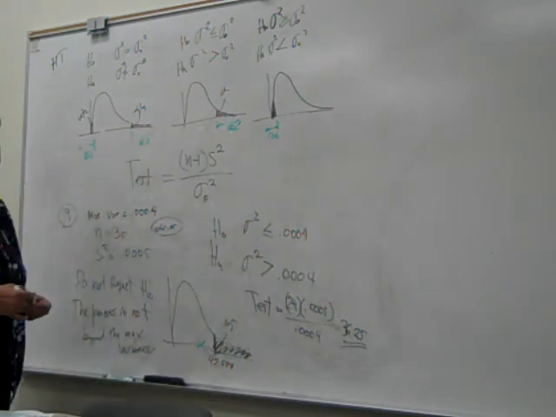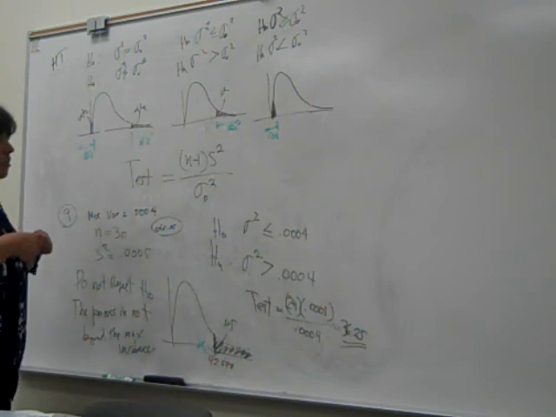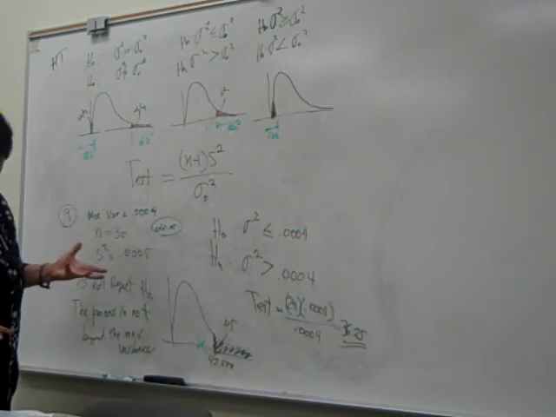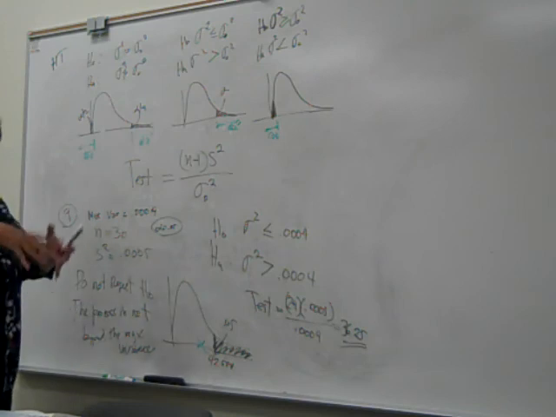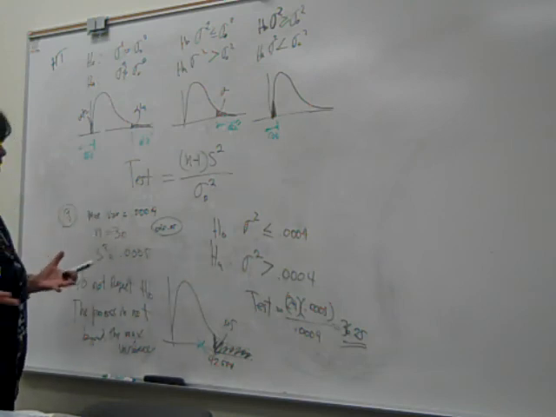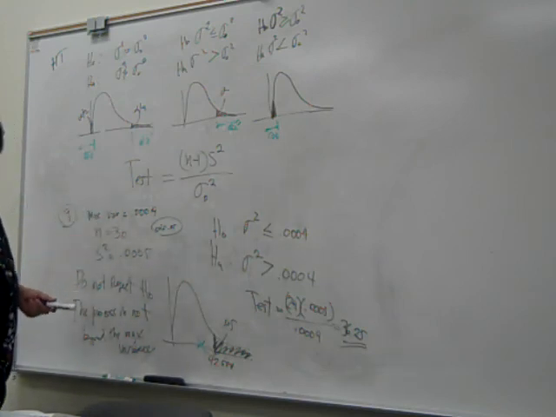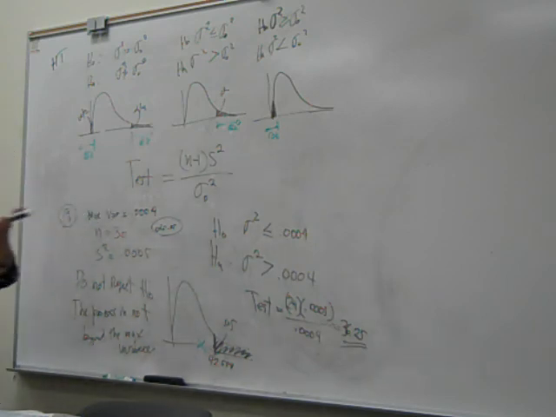Okay? So the process is still under control. Okay? And that is the conclusion. There is no evidence that the maximum variance is being violated. Okay? That's it. That's hypothesis testing about the population variance.